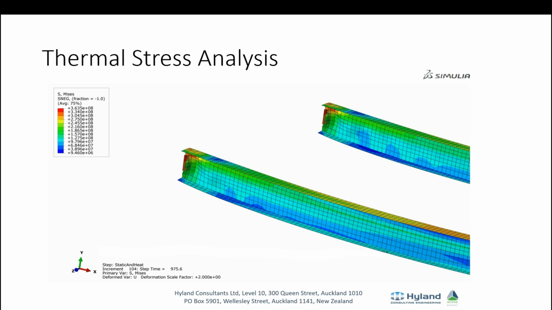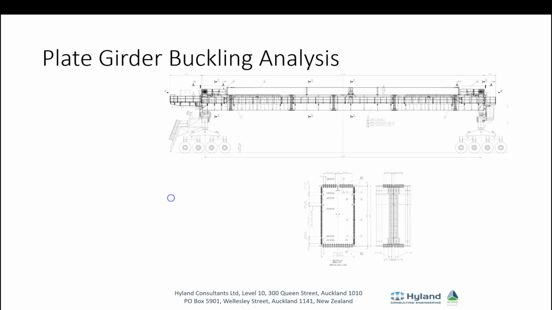So potentially we're getting failures that may lead to collapse of those beams. The other interesting thing there, it just shows how important it is to slot the holes of these beams. That can release some of the thermal stresses that are developing.